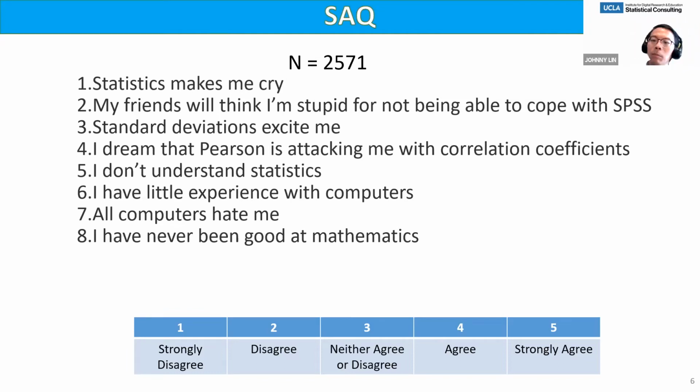So these are example items from the survey, and we hypothetically collected 2,571 people for this particular sample. And each of these items is scaled in what we call a Likert type scale, going from strongly disagree to strongly agree, 1 to 5.